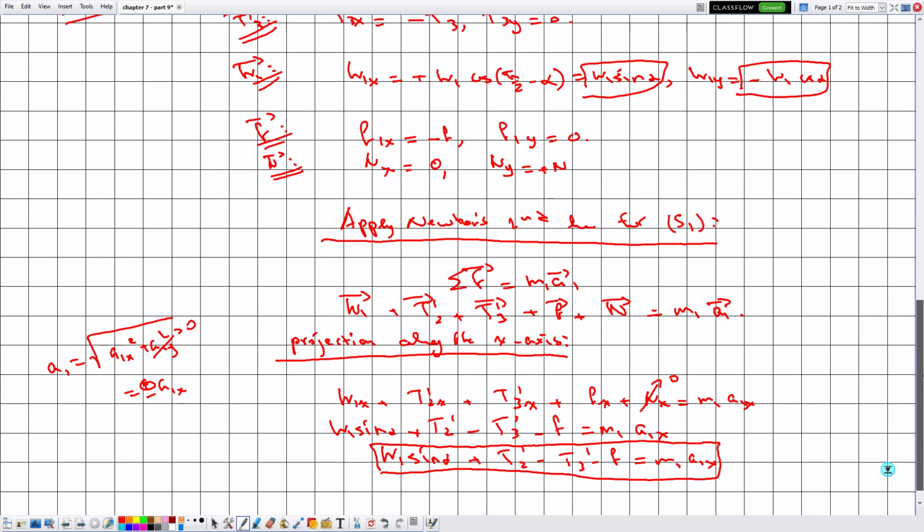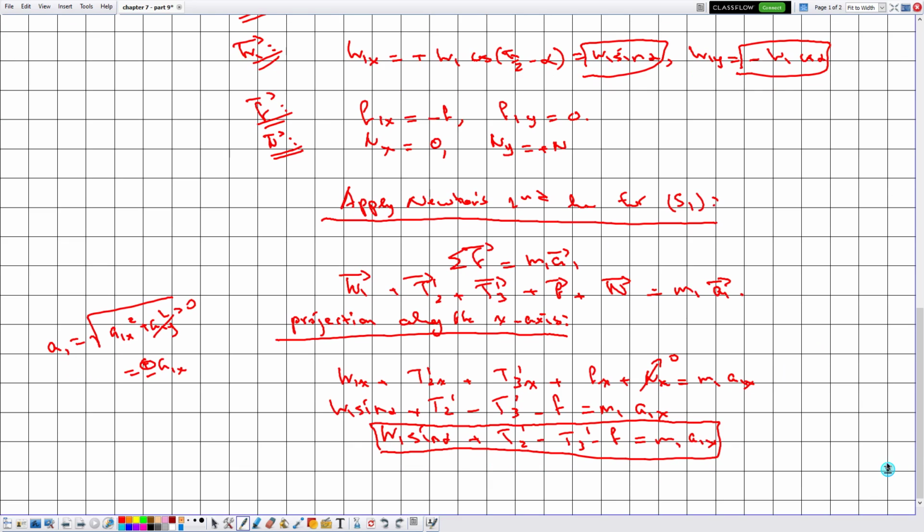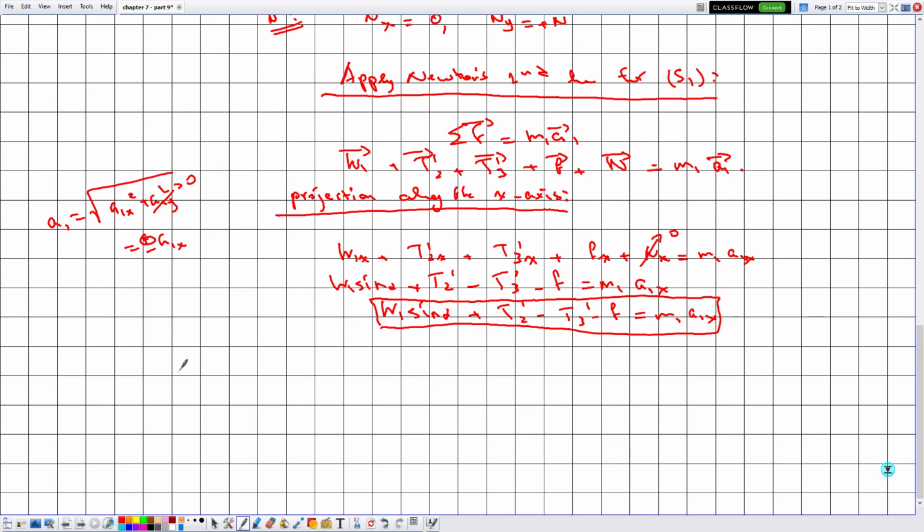So now the new equation that we have is W1 sine alpha plus T2 prime minus T3 prime minus F is equal to M1 a1.